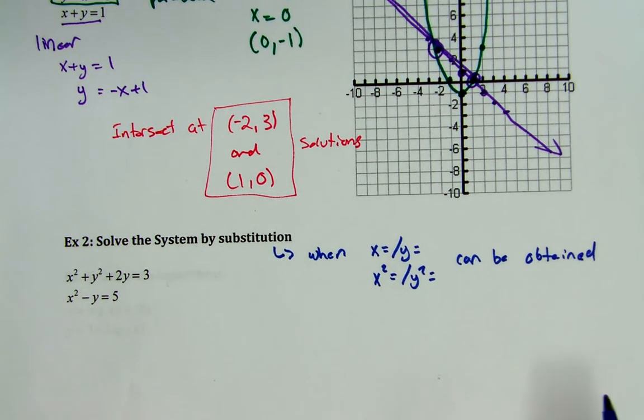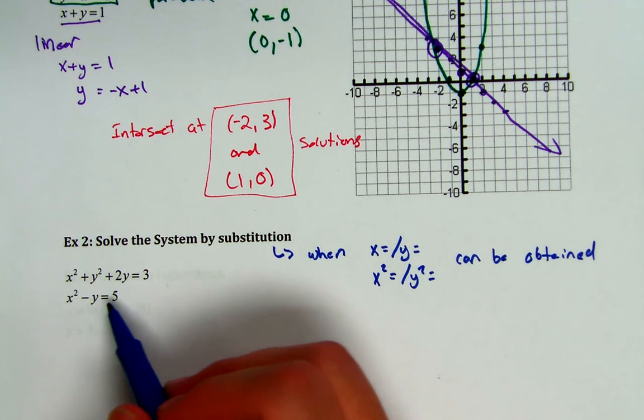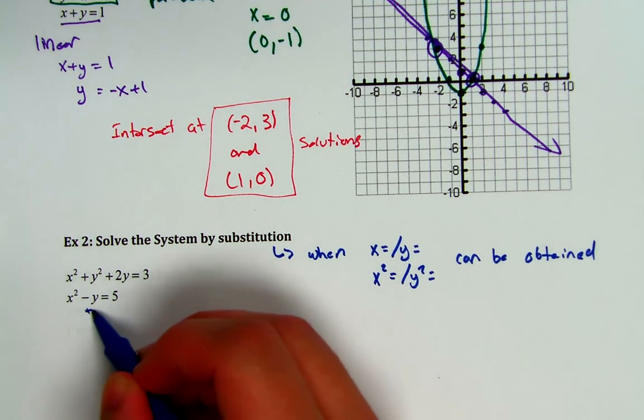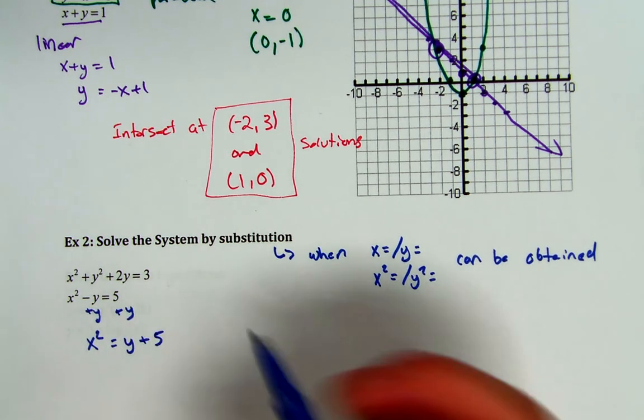Then you want to use that to substitute. If you look at these equations, I could probably isolate an x squared. Here, if I add y, I get x squared equals y plus 5.